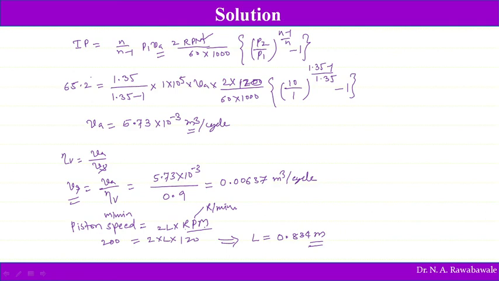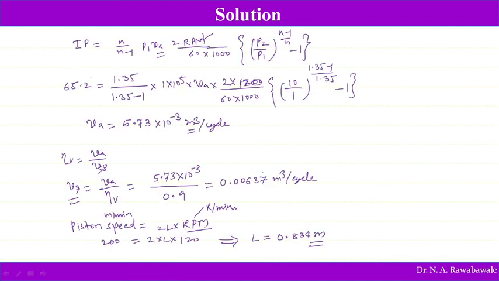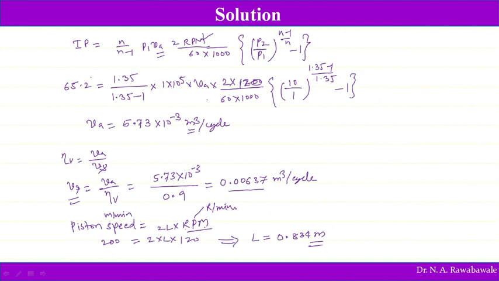Now coming to the Vs equation, Vs is equal to pi by 4 D square L. The Vs value is known as 0.00637, which equals pi by 4 D square into the L value, which we calculated as 0.834.